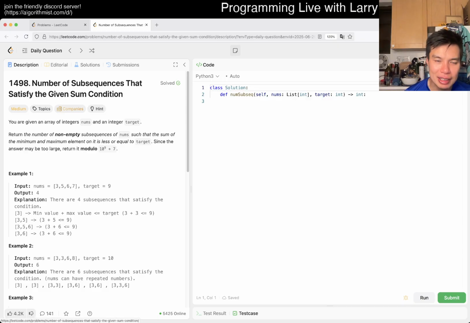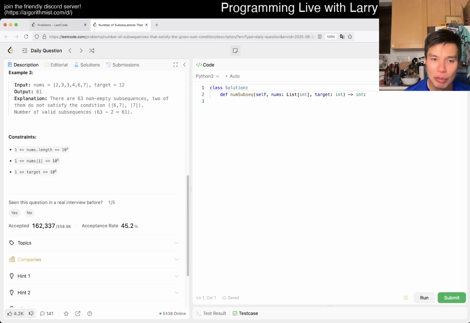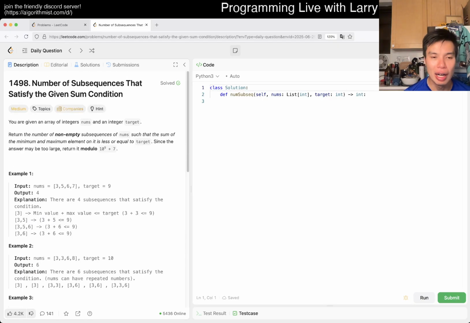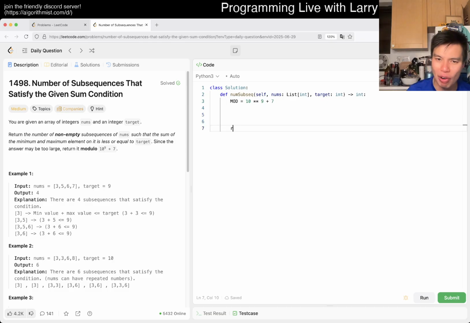Once again, this is subsequence, so we have to think about the theme that we've been saying all week, the last couple of days anyway: does the order matter? Maybe you could say that in this problem, or in general, with subsequences order doesn't matter, and I don't know if I would actually go that far.